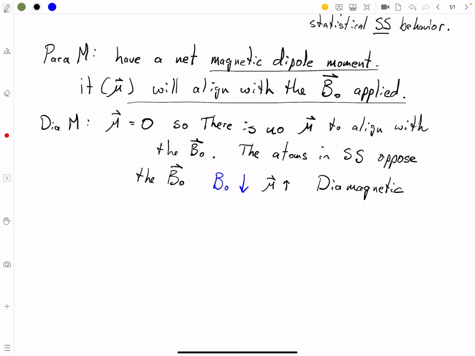Now, ferromagnetic, we already talked about how they are a little bit more interesting. And a ferromagnetic material, you know what?